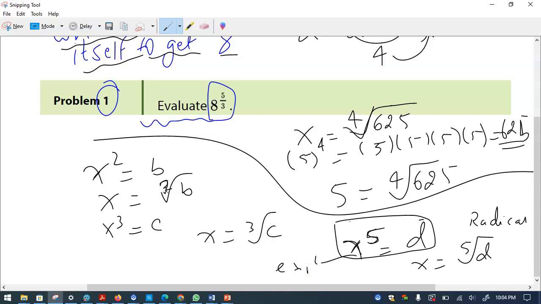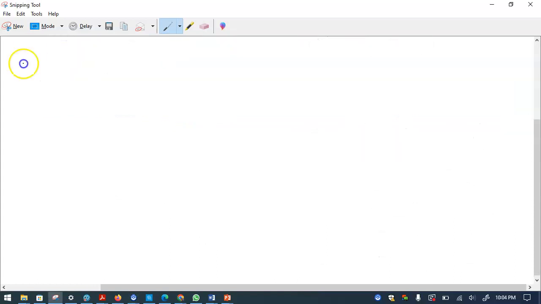Before I dive into this one, let me take another page and do the conclusion, and I would be glad if you can write this down too. What did we learn here?